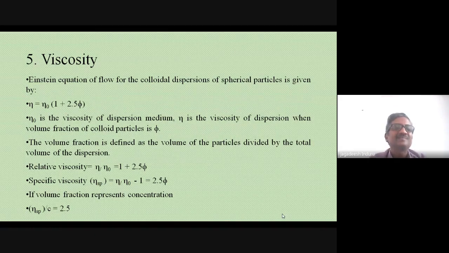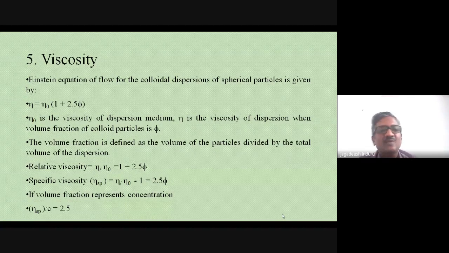You are taking it, and the Einstein equation of flow gives a relationship between these two: eta, that is the viscosity of any solution, is equivalent to the viscosity of its solvent multiplied by 1 plus 2.5 phi. Phi is the fraction of colloidal particles. How much is the fraction of the colloidal particles present?